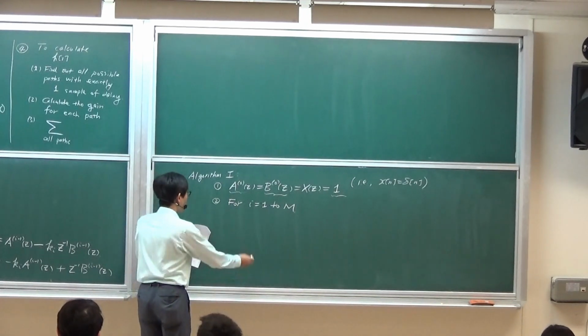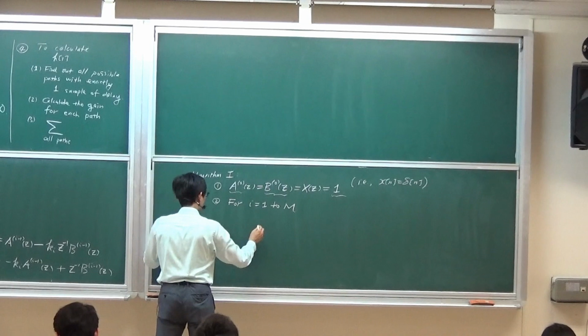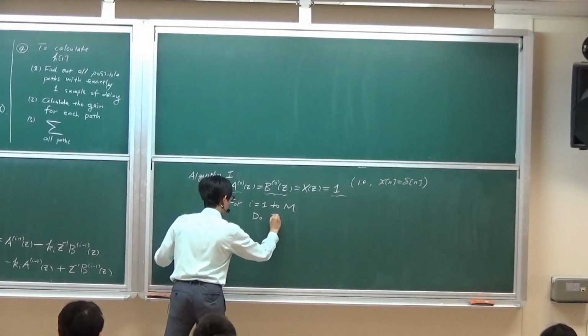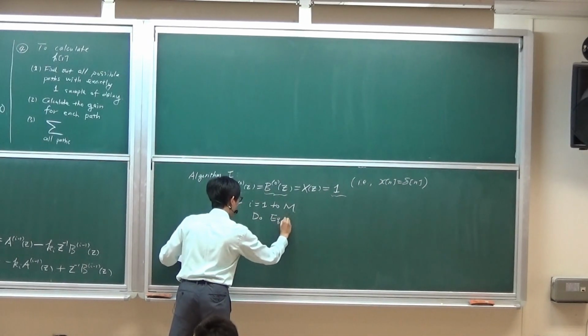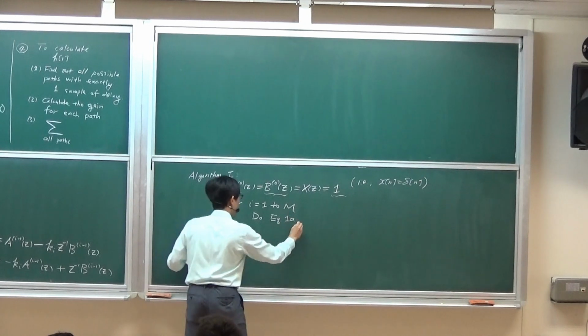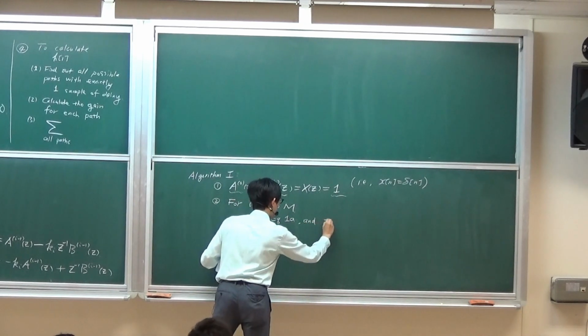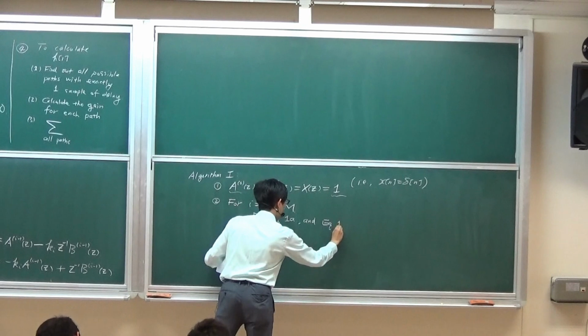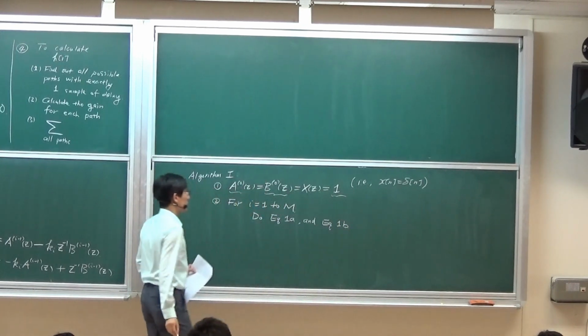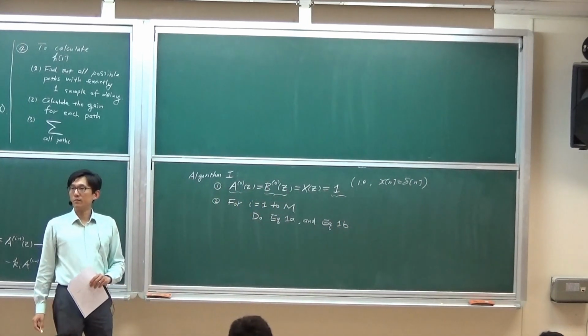For i from 1 to n, just do equation 1a and equation 1b. And then we're done.